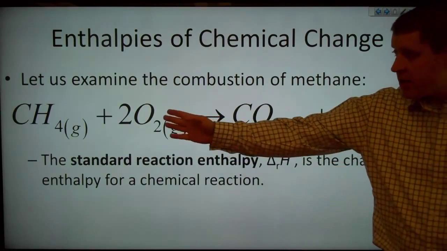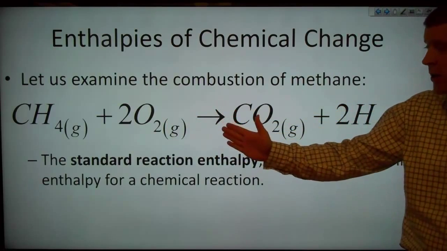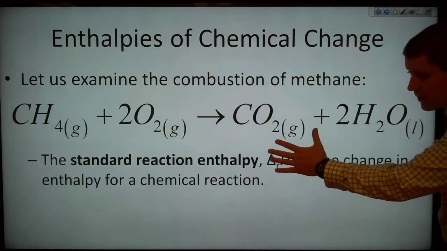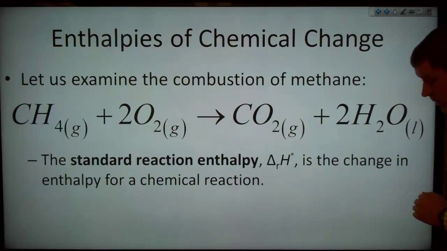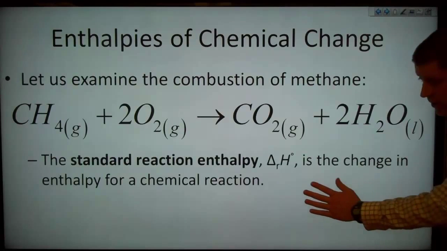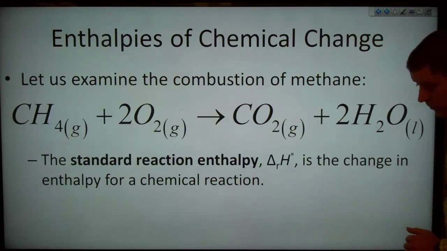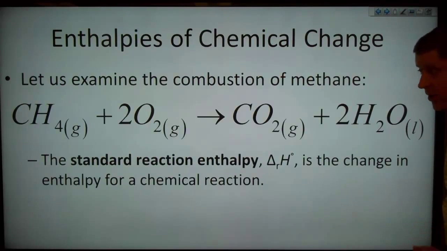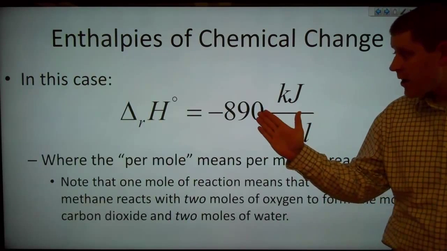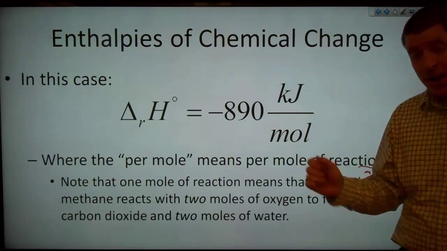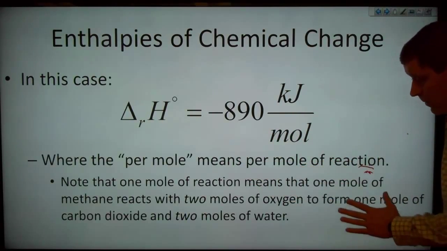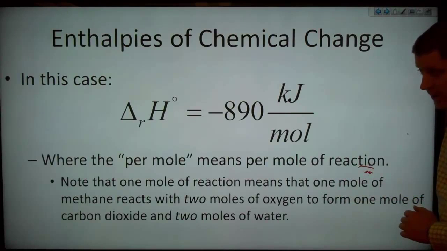So we have methane, CH4, in the gas phase plus 2 oxygen molecules will react to yield carbon dioxide and liquid water. Now the standard reaction enthalpy, which we symbolize this way, is the change in enthalpy for a chemical reaction. In this case, the standard reaction enthalpy is negative 890 kilojoules per mole, where here the per mole means per mole of reaction.